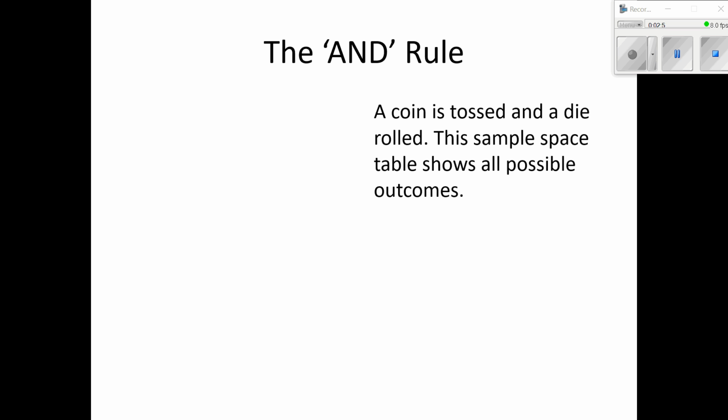Right. Okay, so they've given a typical example here. A coin is tossed and a die or a dice is rolled. And seeing that they speak about the sample space, that's everything that can happen within this scenario.